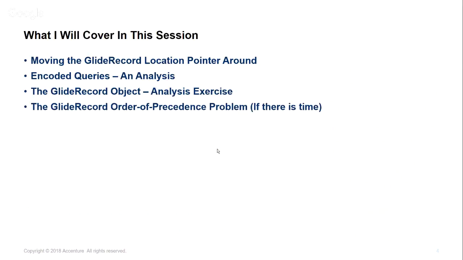Then finally, if we've got time, we're going to be talking about order of precedence. This is a problem that a lot of people don't even realize exists, and it's something that is not addressed enough. I get questions on it all the time; they just don't know what it's necessarily called.